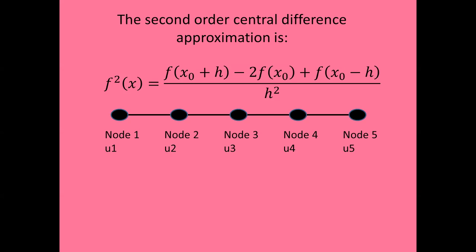Therefore there are going to be 5 nodes in the domain: node 1, node 2, node 3, node 4 and node 5, and the values of displacements at these 5 nodes are going to be U1, U2, U3, U4 and U5. Kindly remember that since the beam happens to be constrained at the ends, the values of U1 and U5, both of them, are going to be 0.